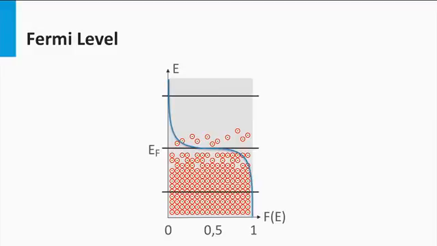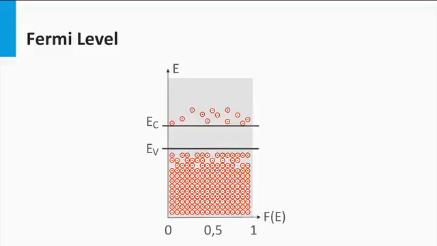For higher temperatures, this distribution starts to broaden around the Fermi level. Around the Fermi level, the energy is distributed over values between 0 and 1. The higher the temperature, the broader the distribution around the Fermi level will be. As you can see, a metal has only one electronic band.